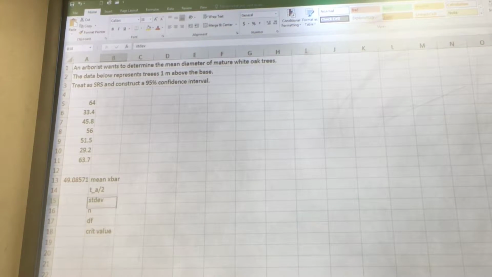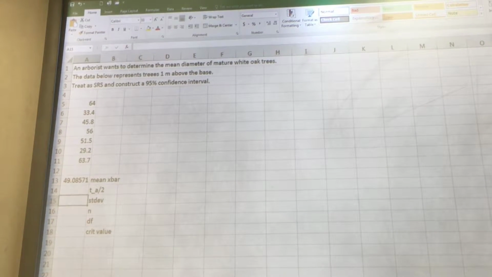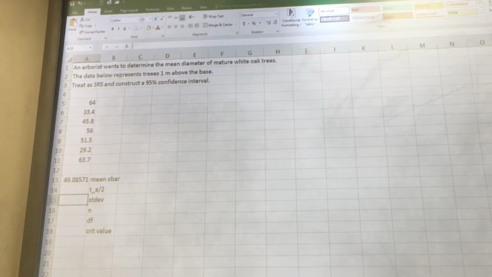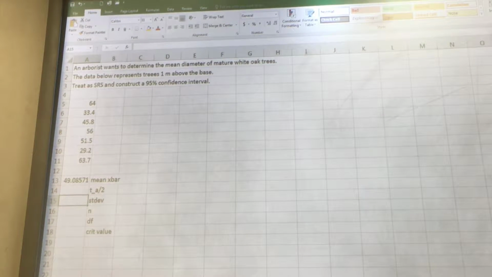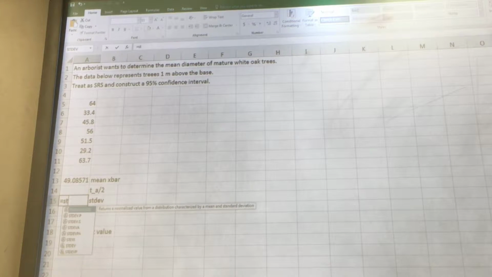Okay? All right, so standard deviation, I can figure that one out, right? What's the easy way to find the standard deviation? Which one do I use? Huh? Which one of those do I use?